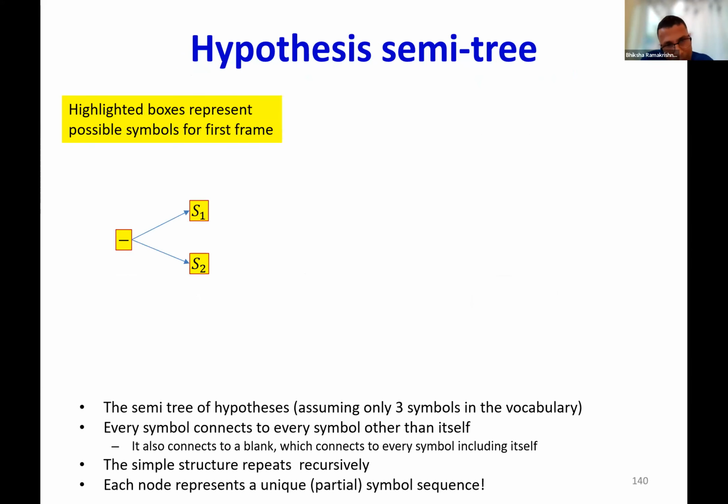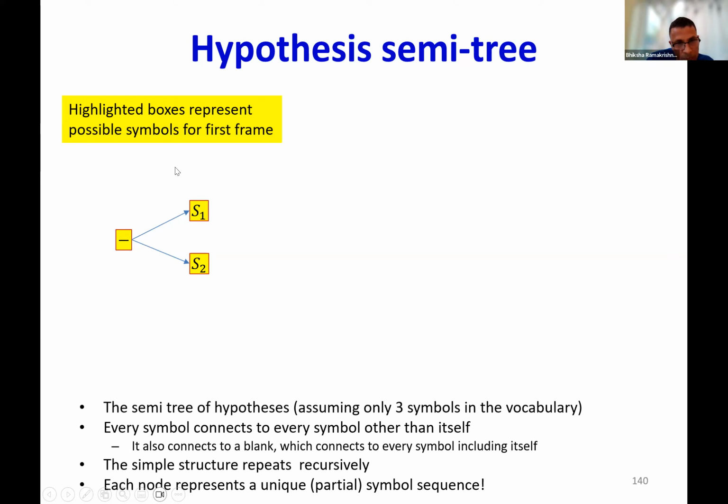First, remember that blanks are invisible when you compress it, right? So the very first symbol can be a blank. I'm assuming that for my trivial example, I have only two symbols in my vocabulary, S1 and S2, like maybe A and B. So my very first symbol could be a blank, or it could be S1, or it could be S2.